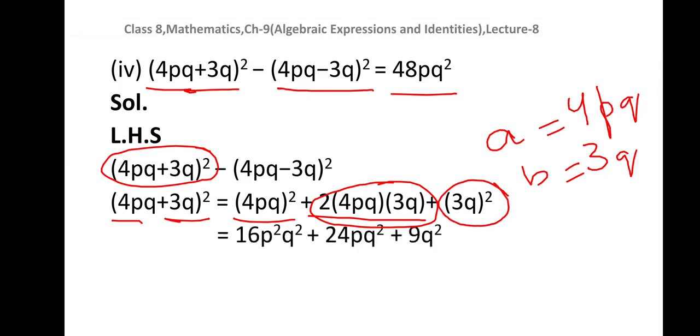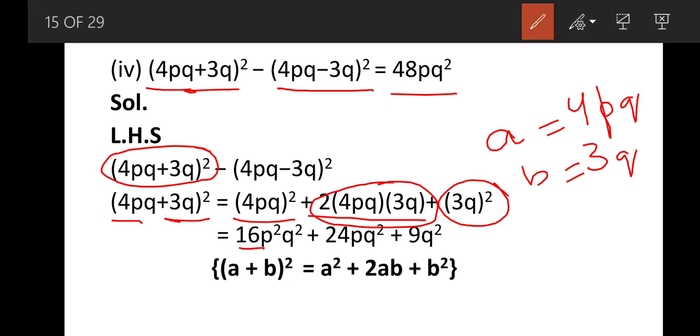So what you will be getting? If you are supposed to do the square of 4pq, then 4 square is 16, p square is p square, q square is q square, plus 24pq square plus 9q square. This is what you are getting after solving this part only.